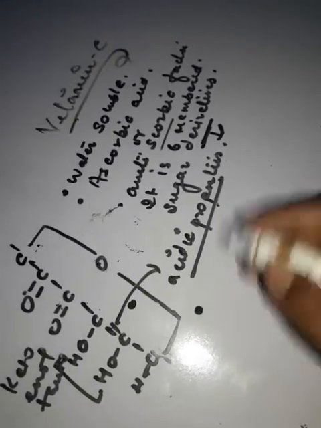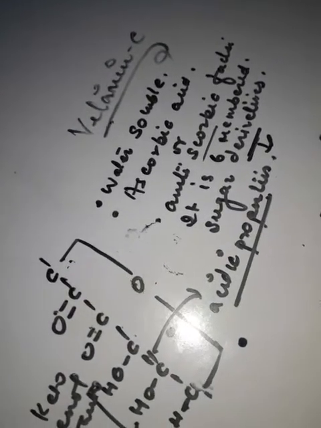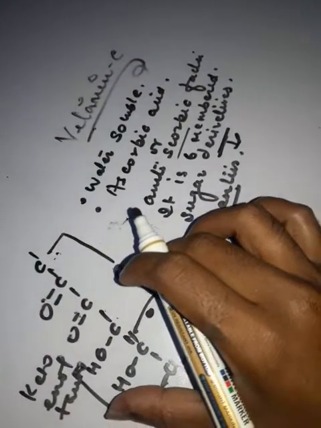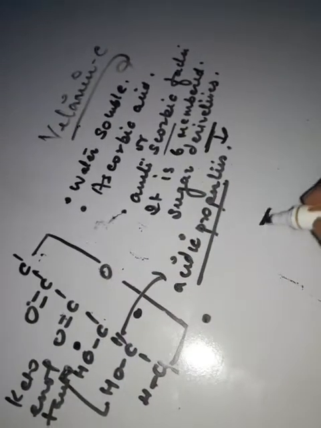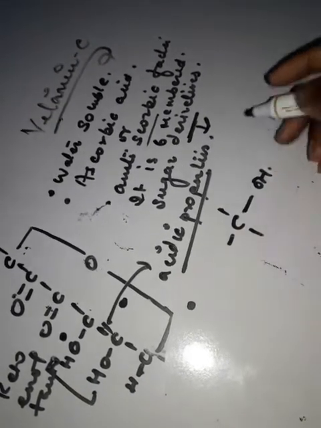Another point regarding vitamin C: if you see this form, this is the D form, this is the isomer, in which D and L isomerism exists. This is the structure, and it represents either D or L configuration.